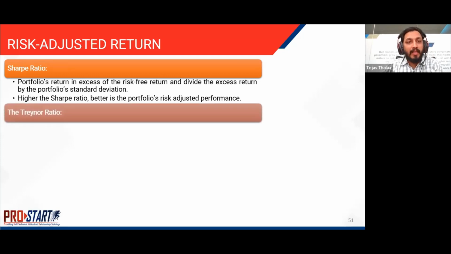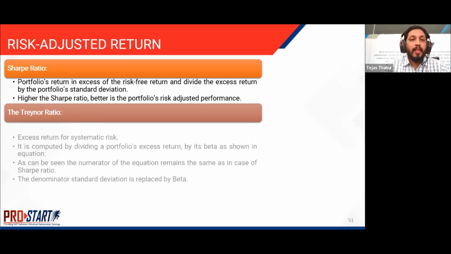The Sharpe ratio captures a portfolio's return in excess of the risk-free return, and it divides the excess return by the portfolio standard deviation. So for every extra risk that you are taking in the portfolio, the Sharpe ratio tells you what excess return you are able to generate on that particular portfolio.